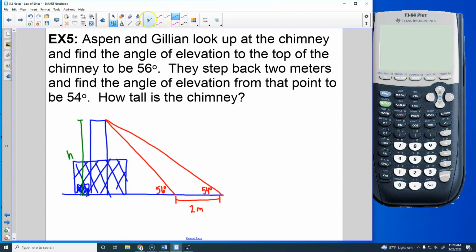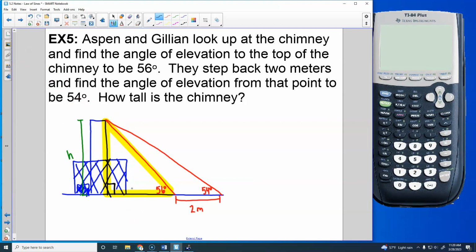Now, this triangle right here is a right triangle, and we could just use regular trig for it if we had enough information. But do we have any information for that triangle other than the angle? We don't know any of the sides of that triangle. So we are going to have to use this triangle, but we're not going to use it first.